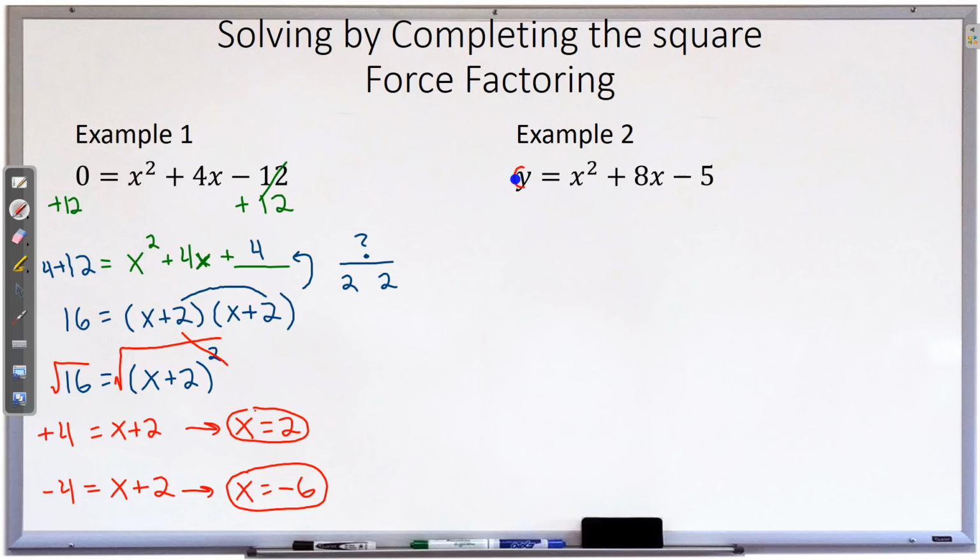So remember, this is going to be a 0 right here because we are finding the zeros. This does not factor. The numbers that multiply to be 5 will never give us 8. So the 5 is no good to us, so we get rid of it. Add 5 to both sides. So 0 plus 5 is 5. x squared plus 8x plus, alright, so we are going to put a number right here eventually.